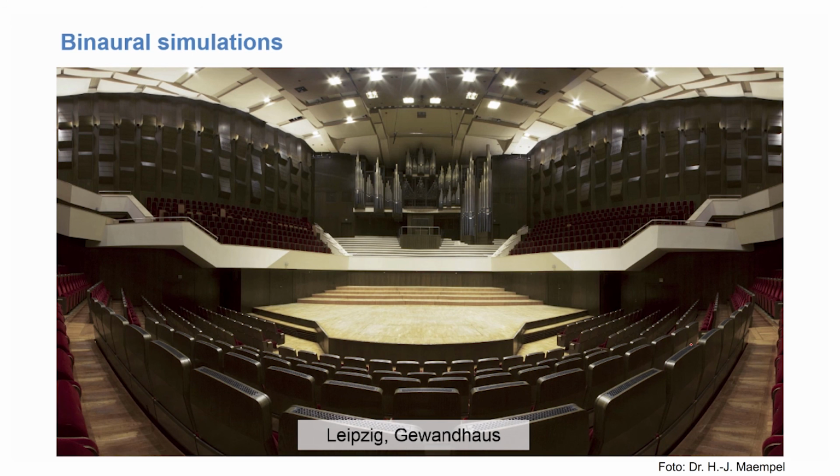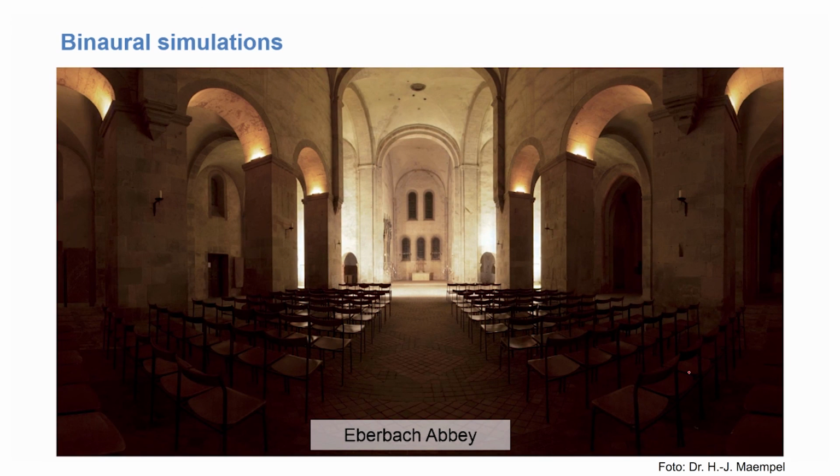Or to the Gewandhaus in Leipzig, the home of the famous Gewandhaus Orchestra, where I already have to try hard to make myself audible. Or to Eberbach Abbey, a monastery with its large Romanesque church, built in the 12th century, with a reverberation time of about 5 seconds in the mid-frequency range.